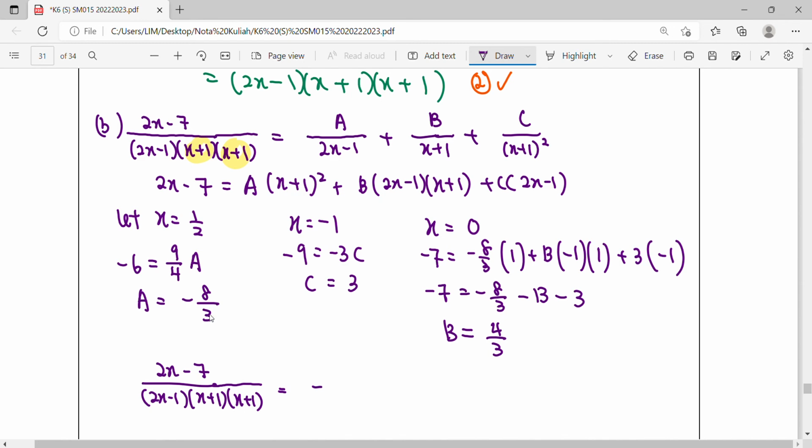So negative 8 is the numerator, and the denominator 3 will be multiplied with its denominator factor 2x minus 1. So the denominator 3 automatically we put in the denominator part. For B, it is 4 over 3. For C, it is 3.